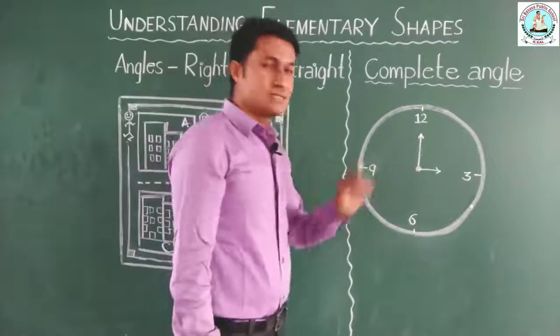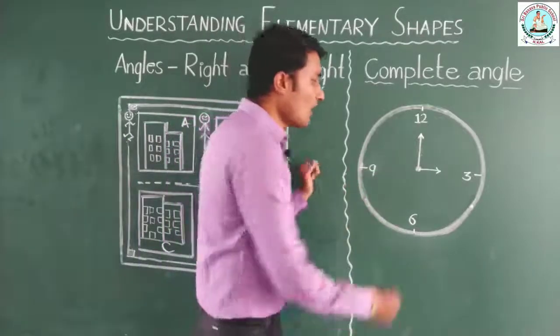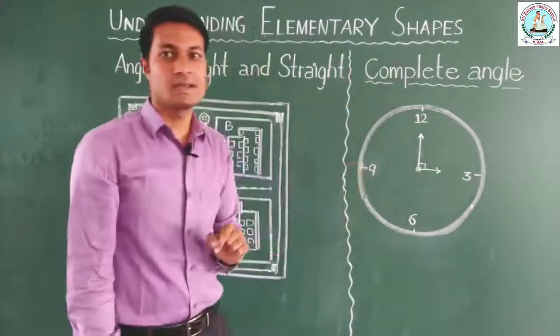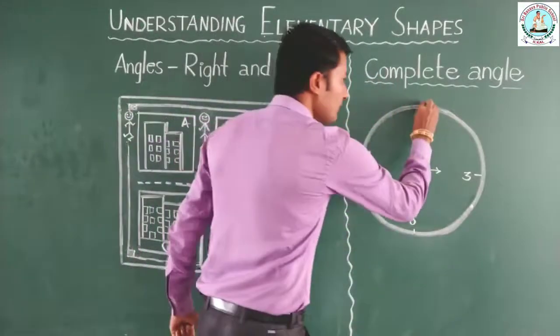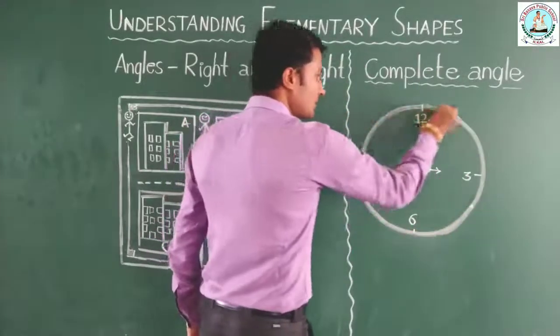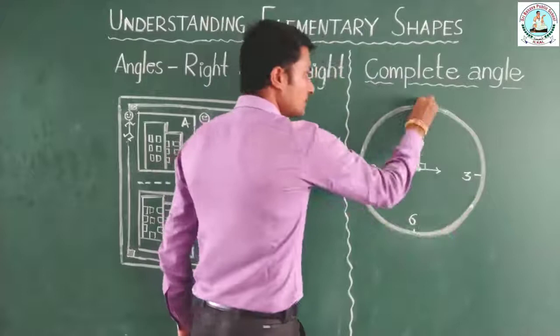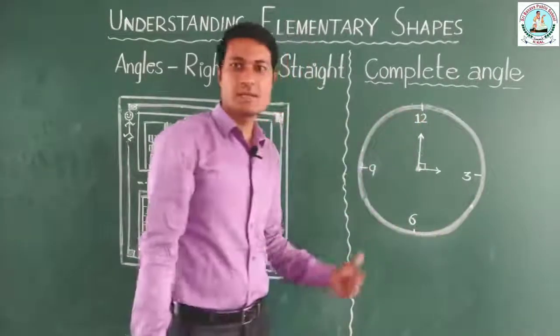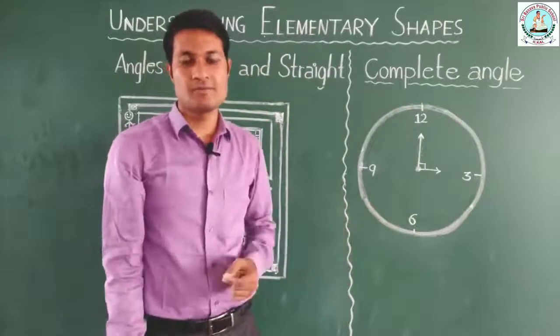If the time is 3 o'clock, then what angle has it covered? Absolutely, it has covered 90 degrees. If you make one complete round around this circular clock, then you can say that you have made one complete revolution.